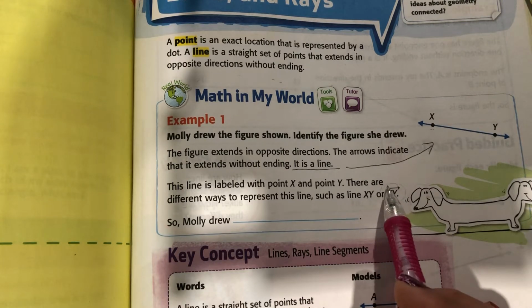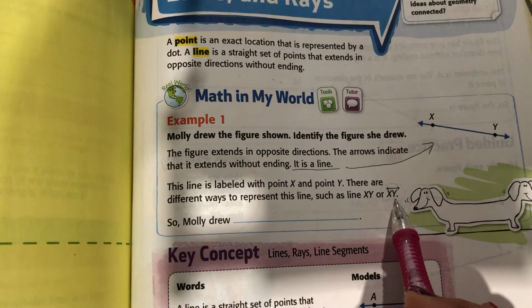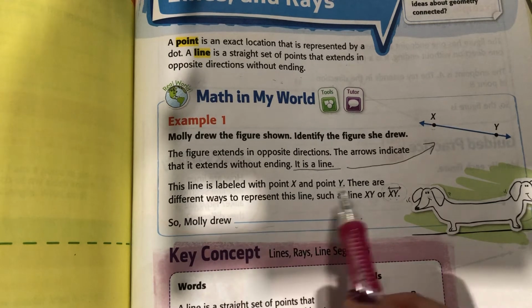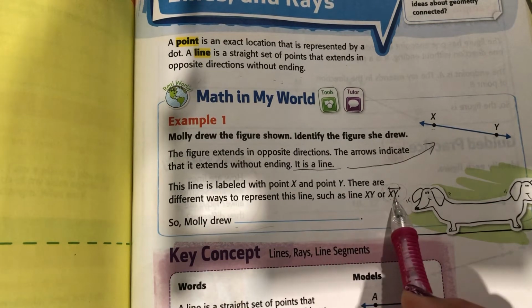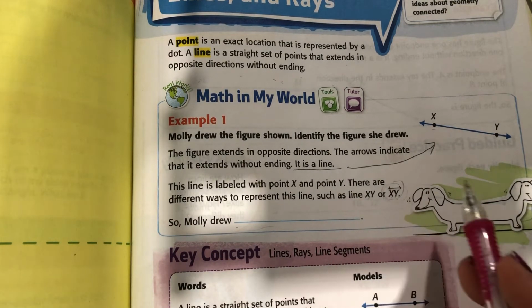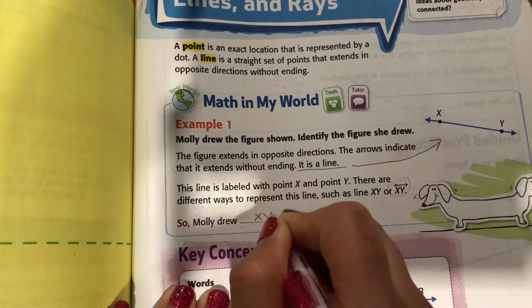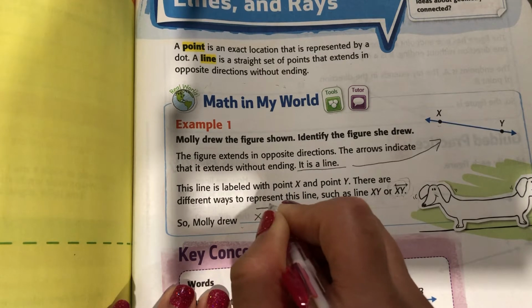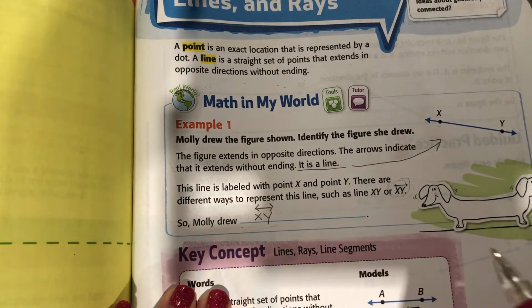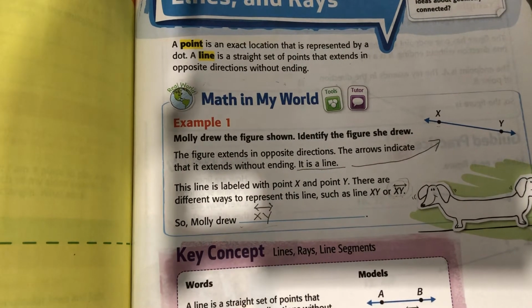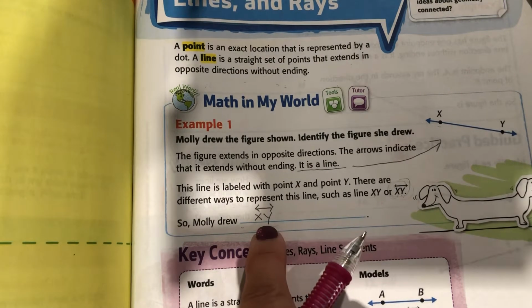You could draw the little line with the 2 arrows, X, Y. So Molly drew, and you could either write this or you could write that. I think it's fun to do it this way, so let's do it that way. Okay, you're gonna write X, Y, and you're gonna draw a line with 2 arrows on each side. Okay, so that's the proper way to label it.